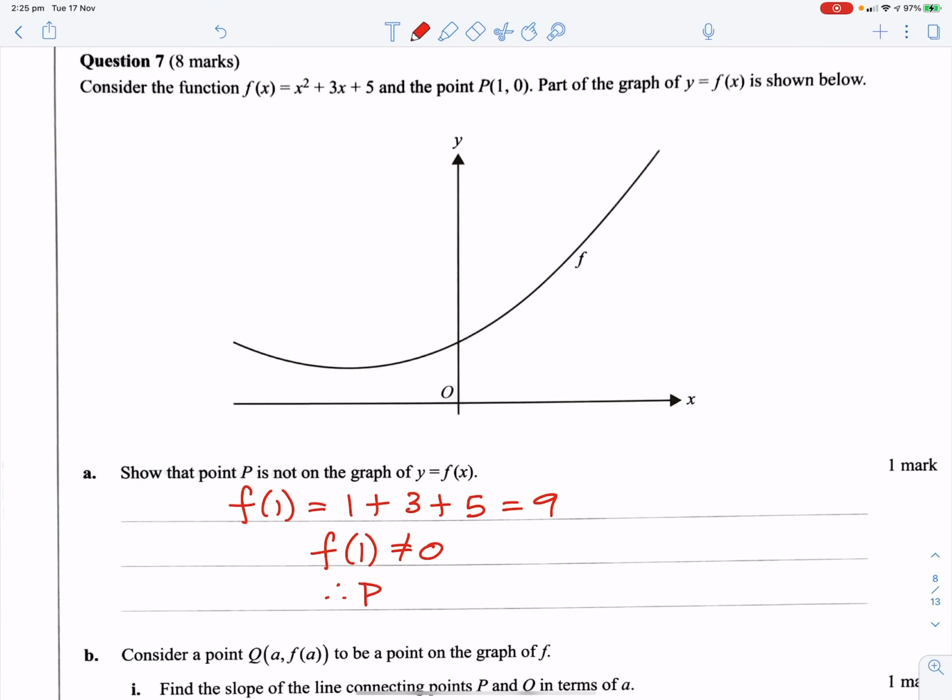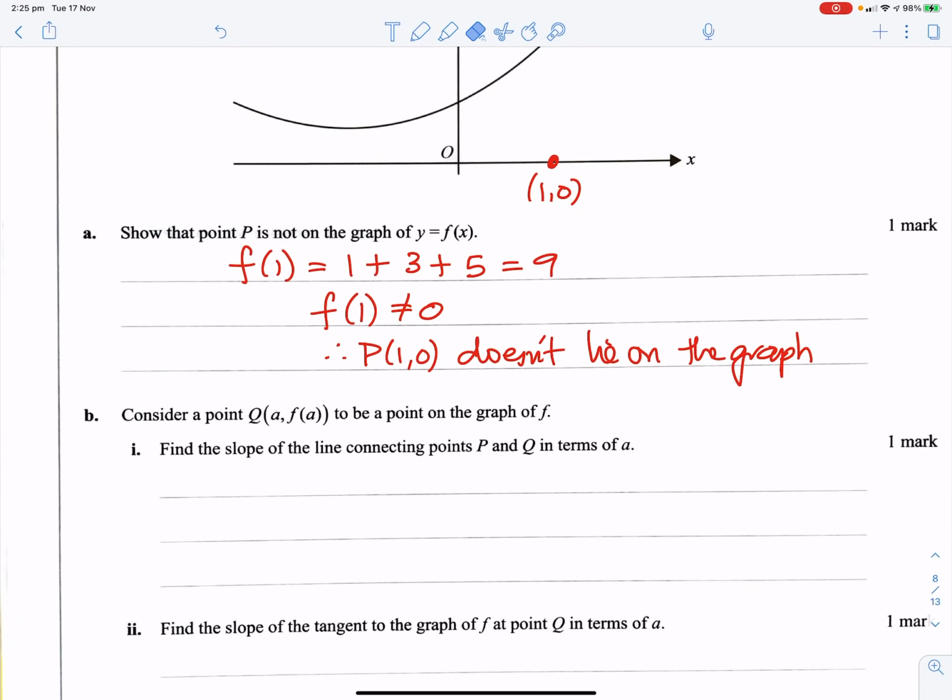Therefore, P(1,0) doesn't lie on the graph. And that makes sense because 1, 0 would be over here. And if you look at that graph, it looks nothing like it.